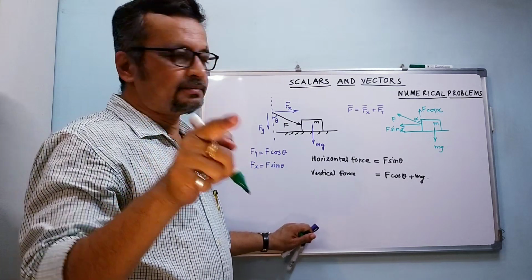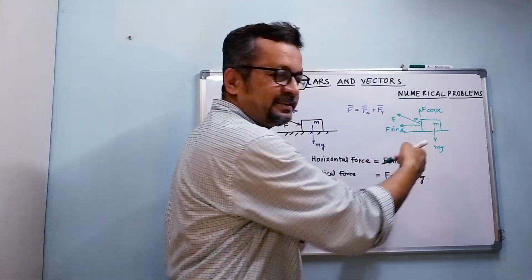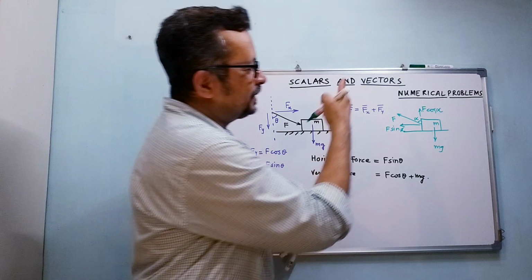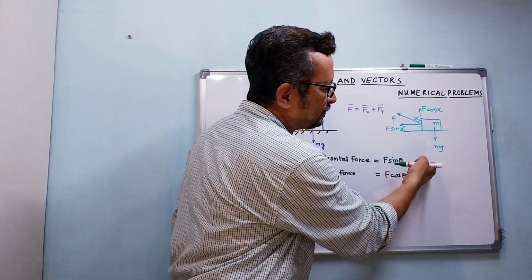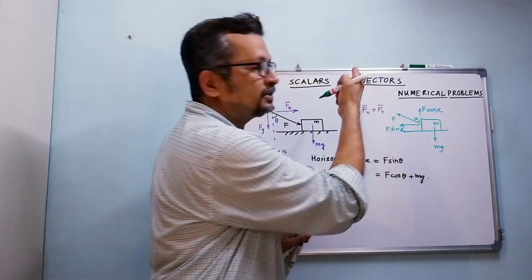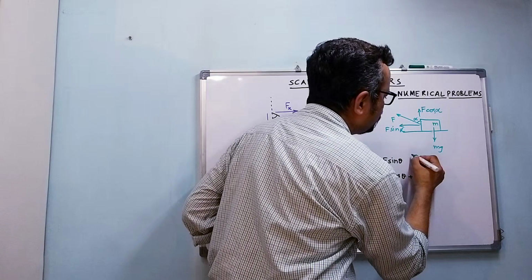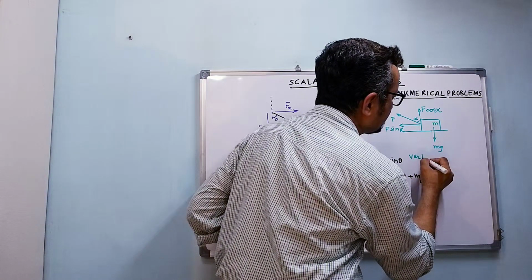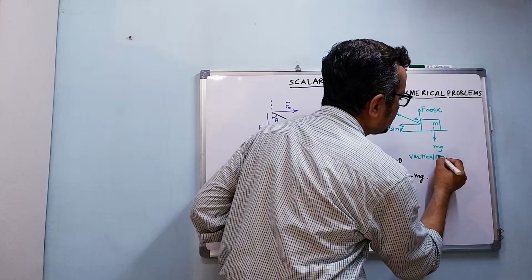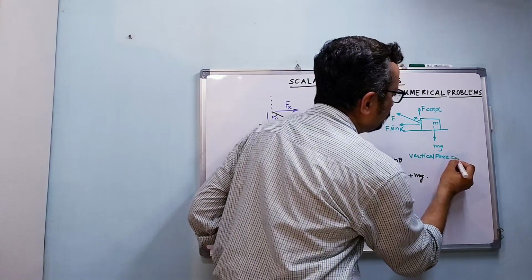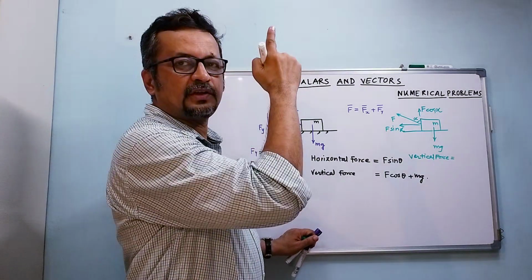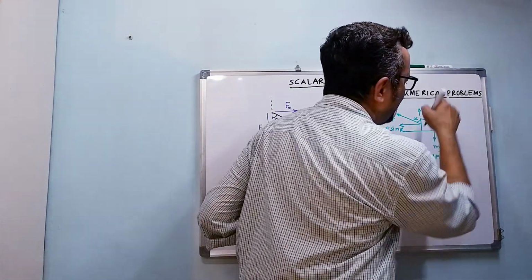The only reason behind having something like this here is that now my mg is acting vertically downwards and F cos alpha is acting vertically upwards. So my vertical force here would be equal to F cos alpha, which is going up, minus mg.